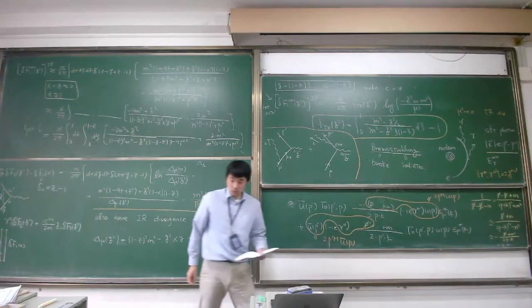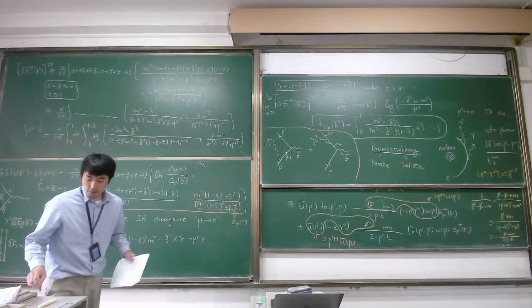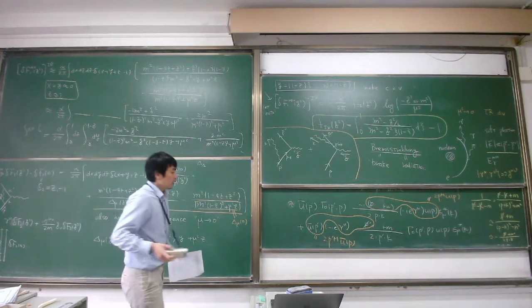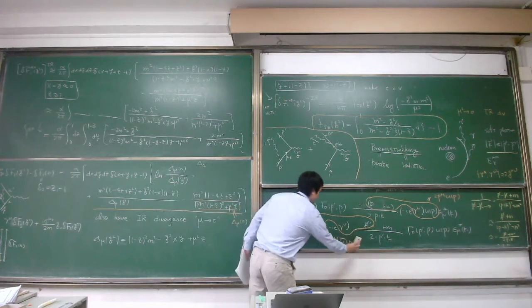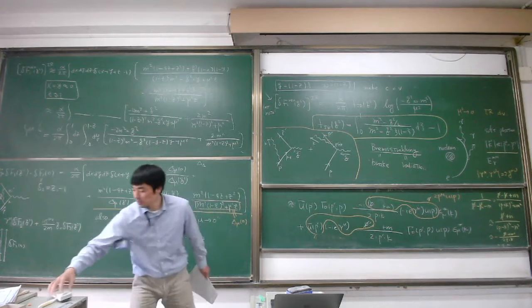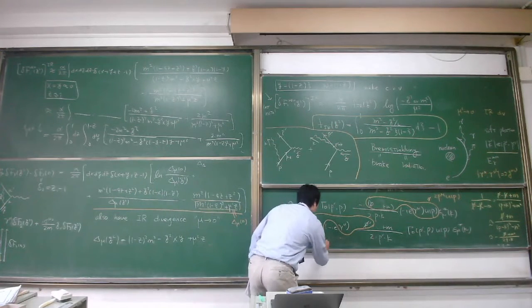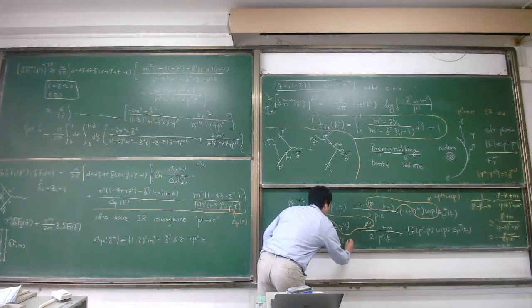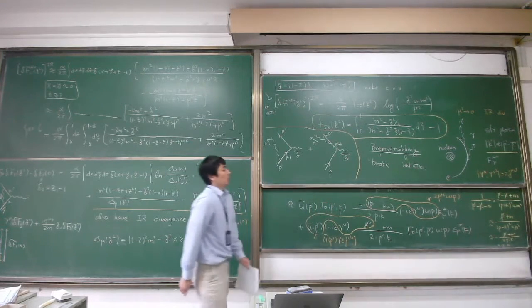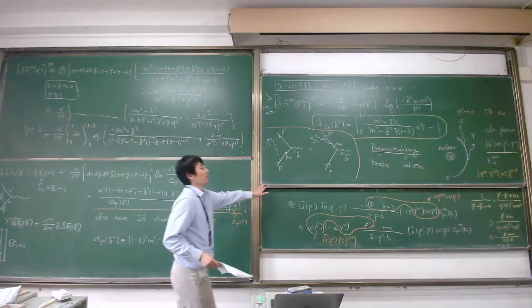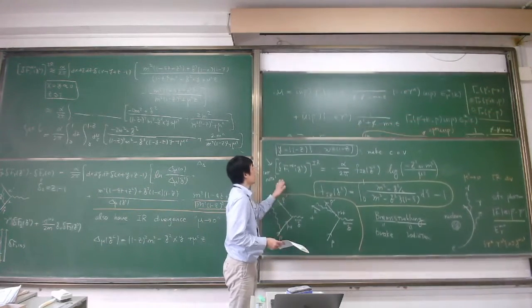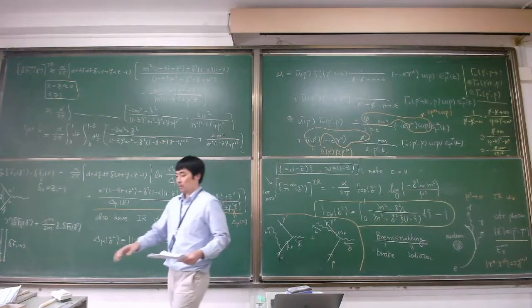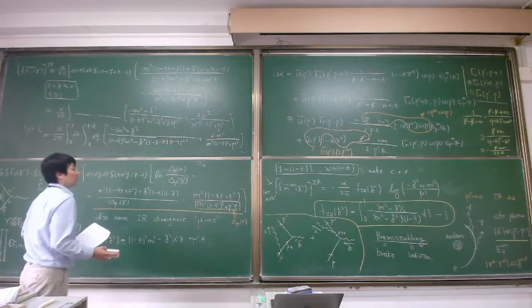Okay. So applying Clifford algebra. Okay. Maybe I should write it down this way: u bar p prime times 2 times p prime mu. Then you can simplify it.